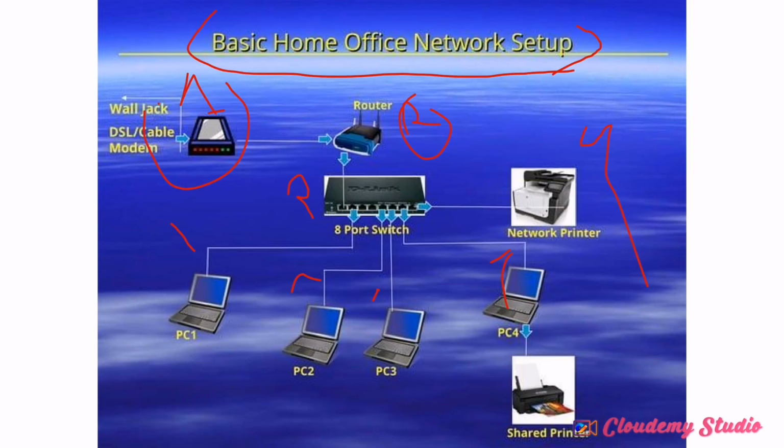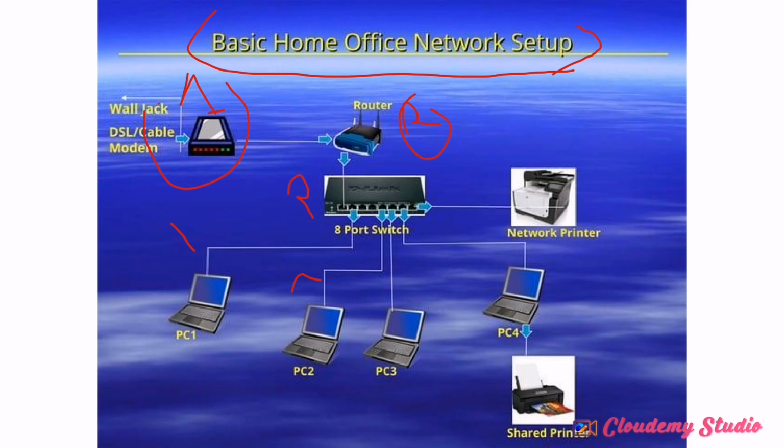Even these computers are not connected wirelessly, they are connected wired using Cat6 cables, to have this kind of connection. So this one is the basic home office network setup, local area network connectivity.